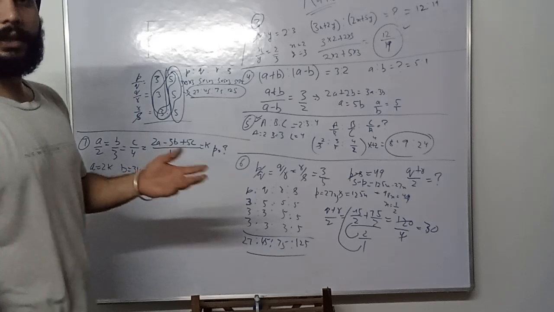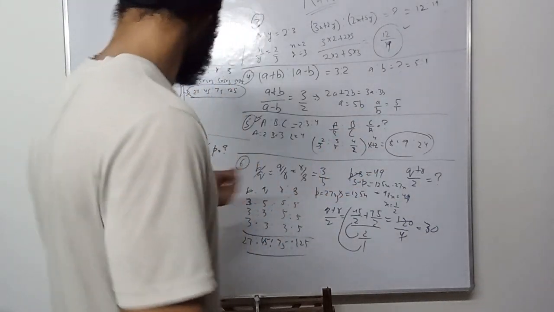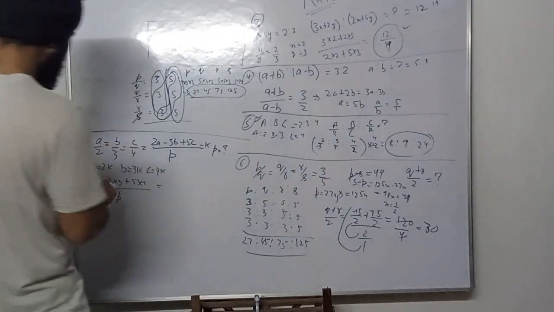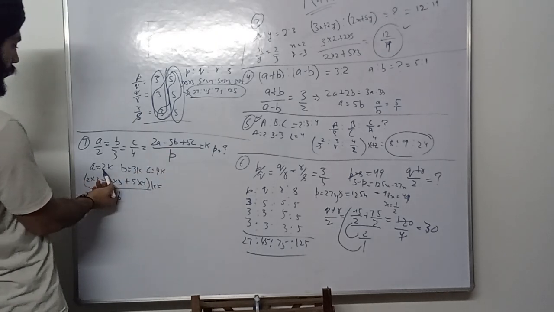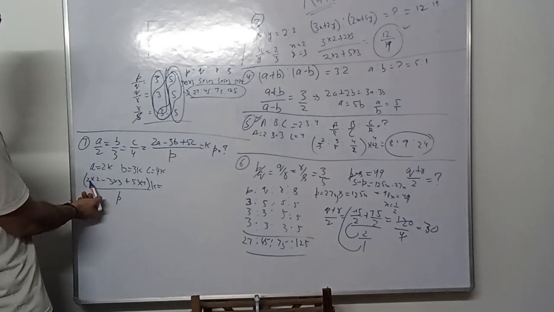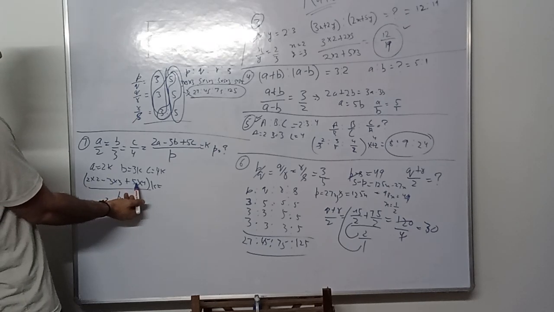How the K will get cancelled, let me explain to you. We can take a common K here, because 2K, 3K, 4K give 4K, 9K and 20K.